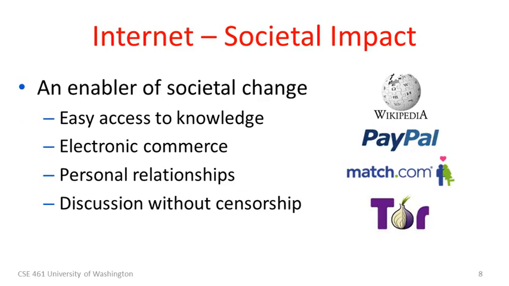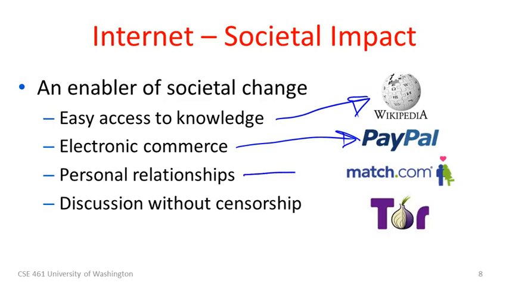The internet has also had a tremendous impact on our society. Because of it, our society has actually changed and we do things differently than we would if we didn't have the internet. We now have easy access to knowledge with systems such as Wikipedia, whereas previously gathering knowledge used to be time-consuming or very expensive. We can easily participate in electronic commerce with systems such as PayPal, making electronic payments around the world.